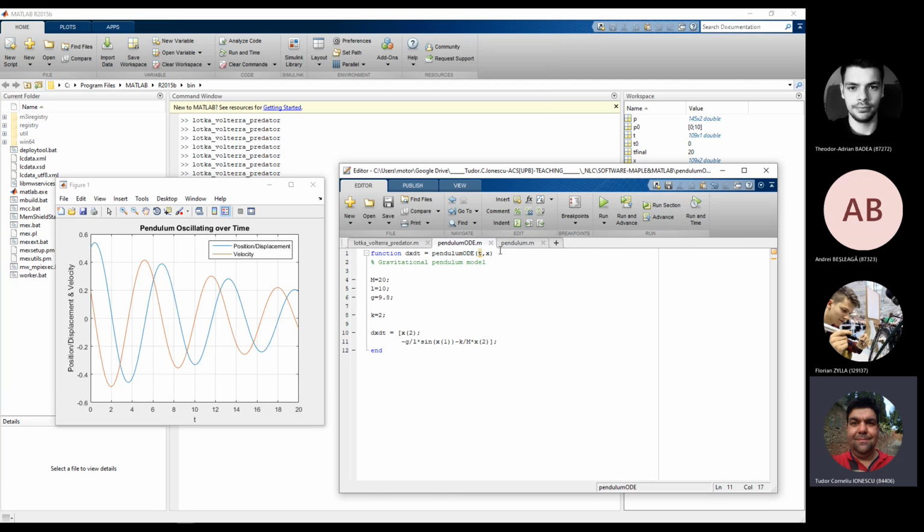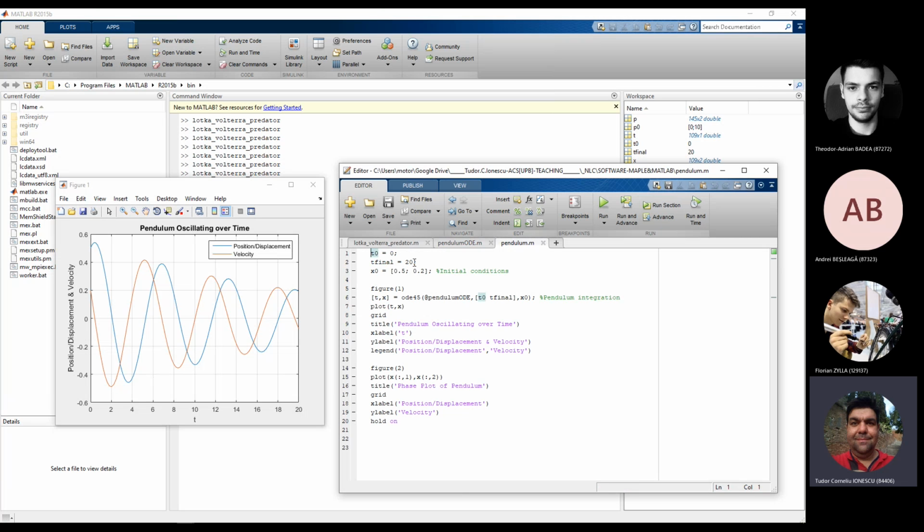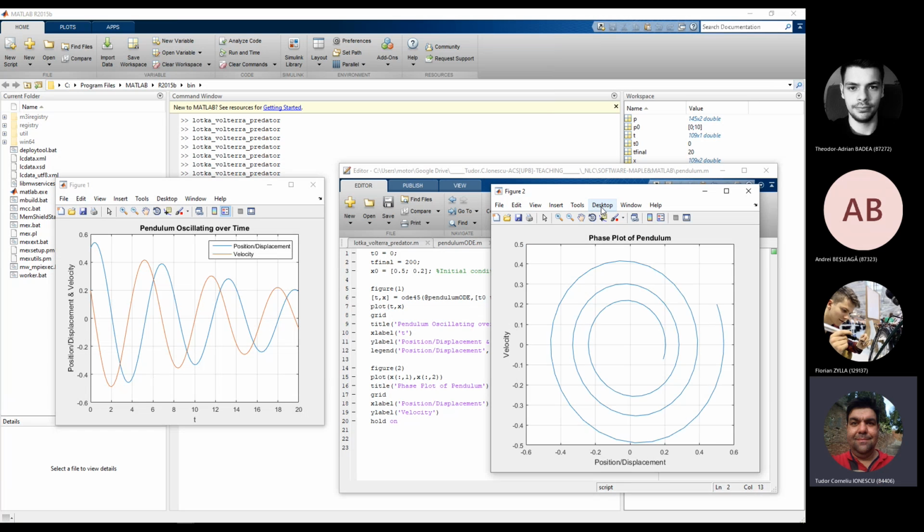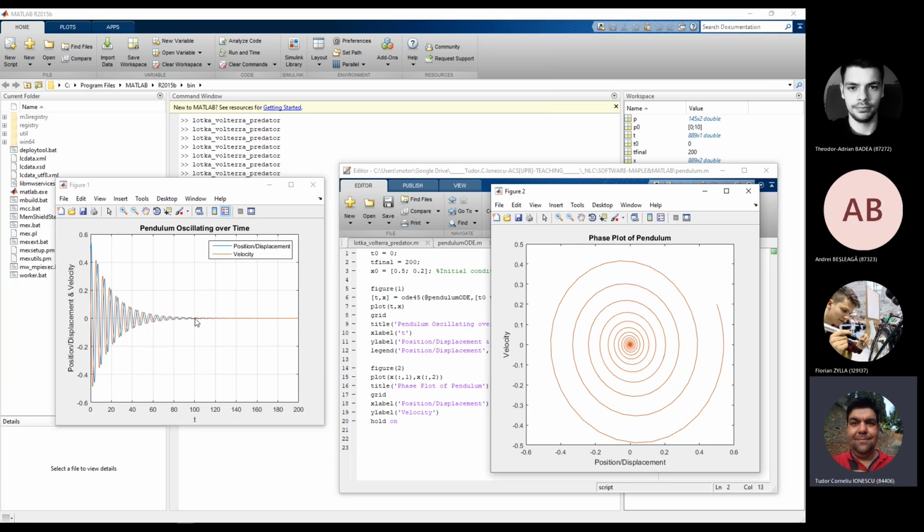Probably if we extend the final time and run the simulation again, you see, after a long time, eventually the oscillations will die out.